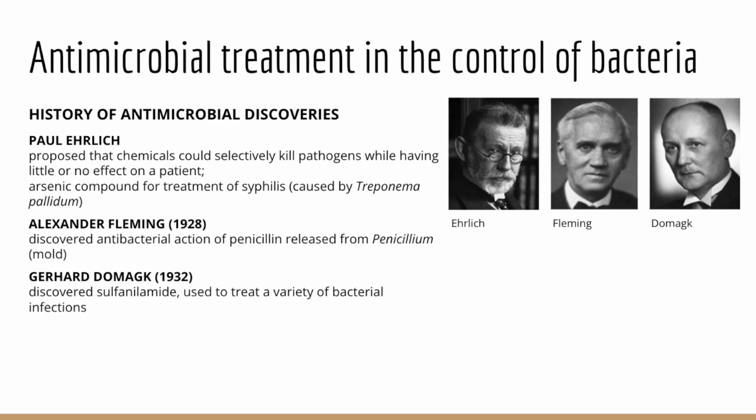He discovered a practical antimicrobial agent, the sulfonamides, in 1932. And this was the first practical antimicrobial agent used to treat a wide variety of bacterial infections. This discovery became the basis for a number of today's sulfa drugs, the first type of antibiotic. And he won the Nobel Prize in Physiology and Medicine in 1939 for his work.